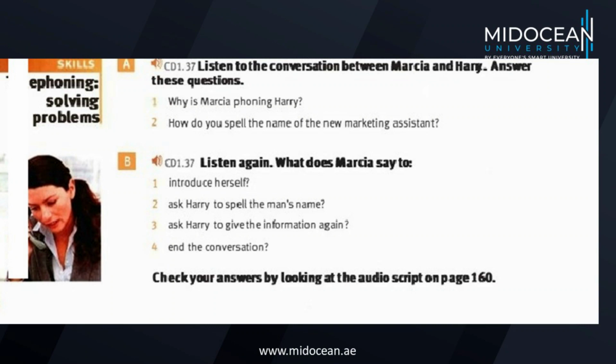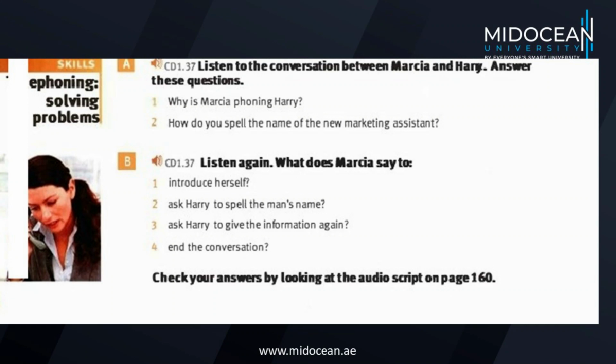Problems. Track 37. Hello, United Food Corporation. Good morning. My name's Marcia Jones. Hove Stores. Good morning. How can I help? I'd like to speak to Harry Palmer, please. Hold on a minute. I'll put you through. Harry Palmer.